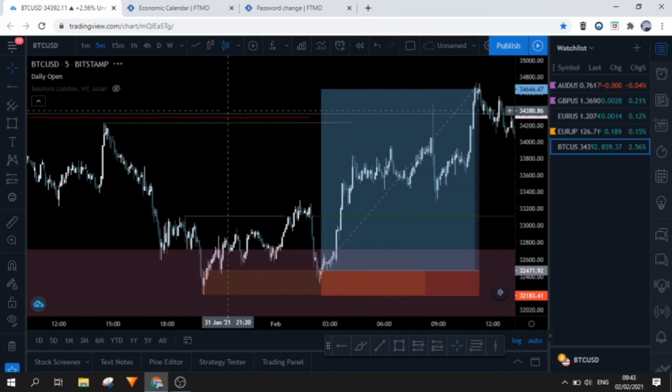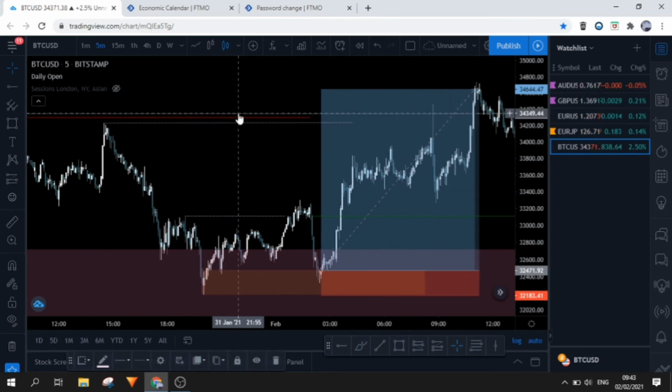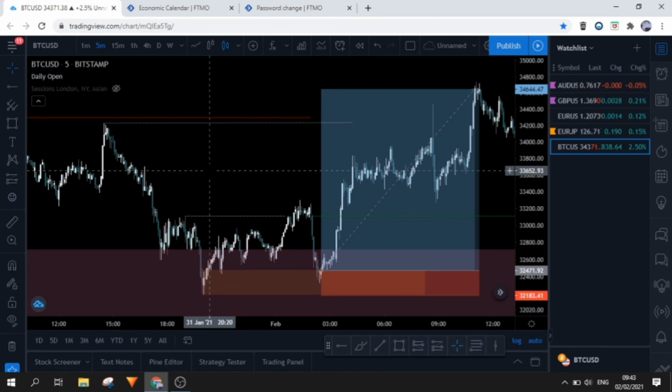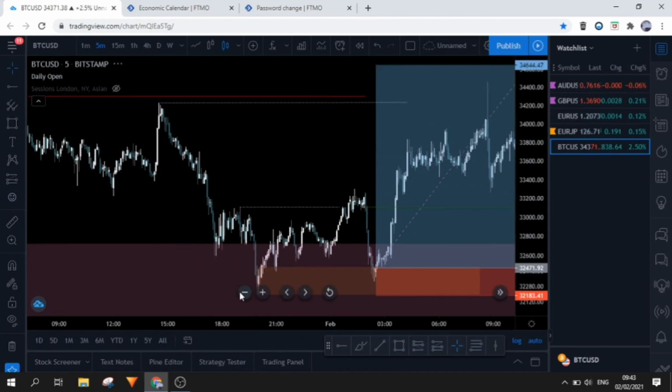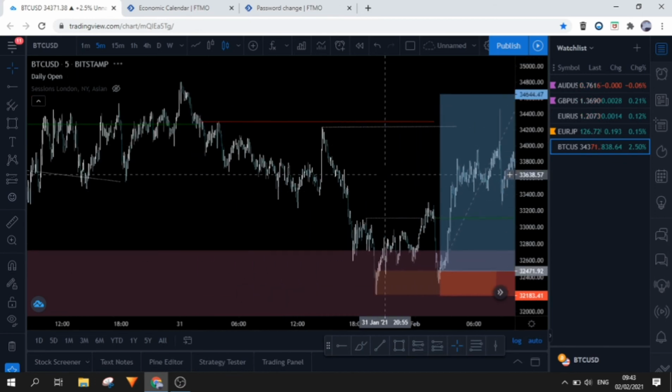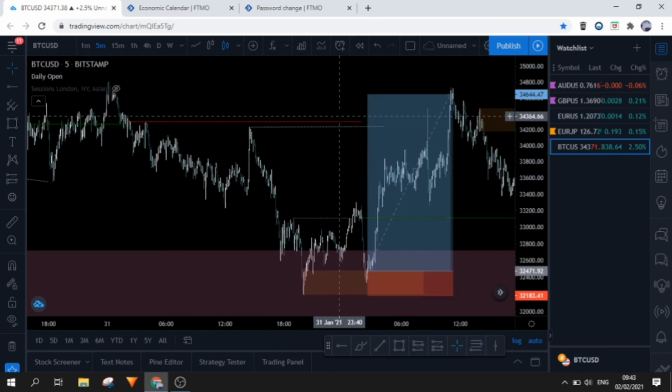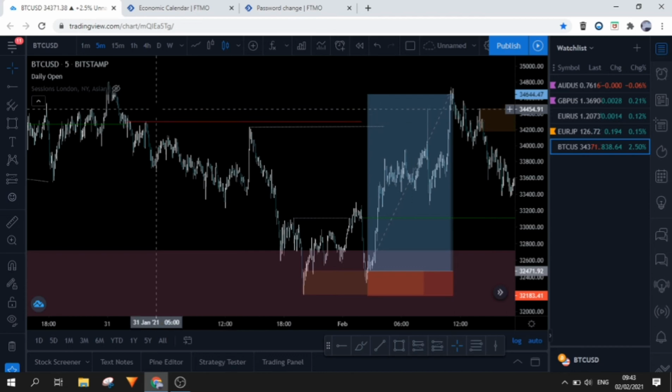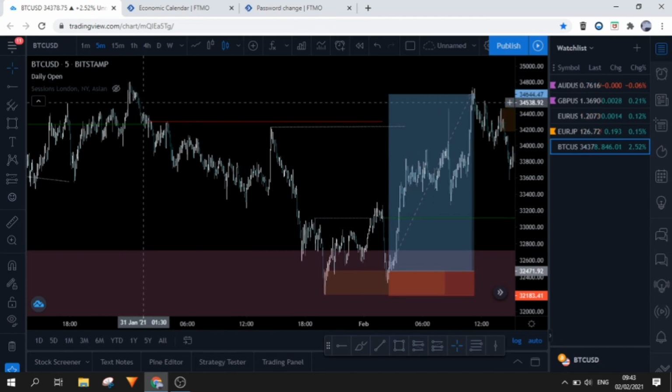And so once I saw that this was the high of the day and was above this open price, I just placed my take profit above the high of the day of the previous day and above the previous day's open, and also in this level where there could be an order block.